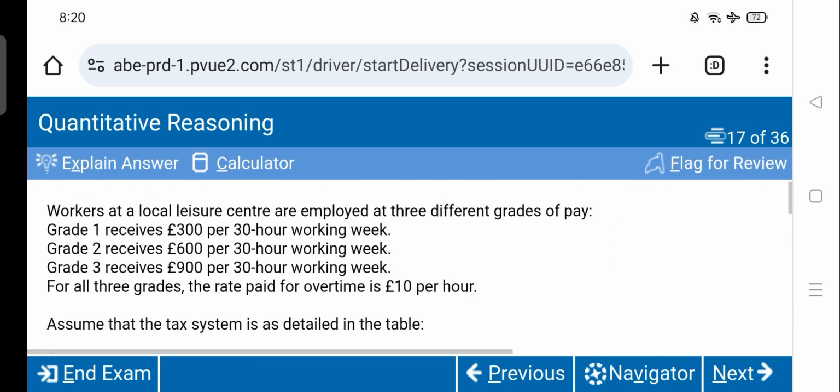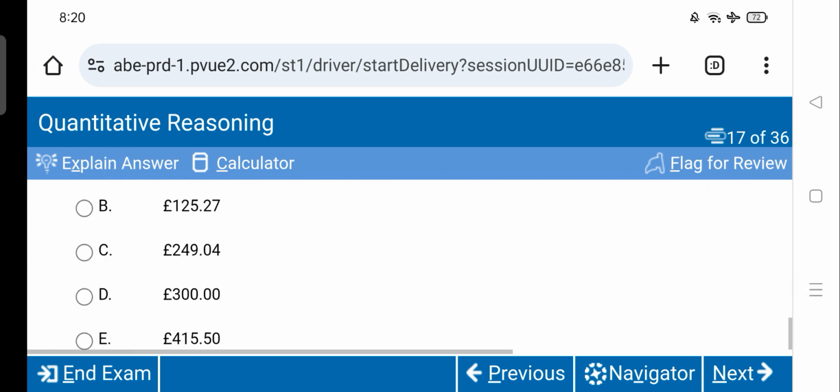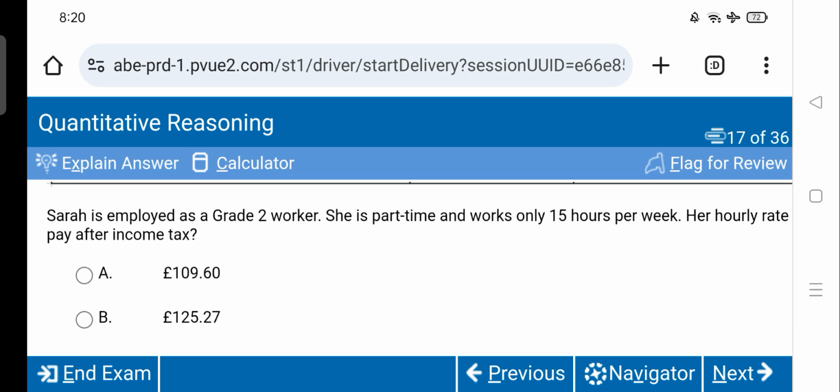So what is her weekly pay after income tax? Option A, 109.60 pounds. Option B, 125.27 pounds.